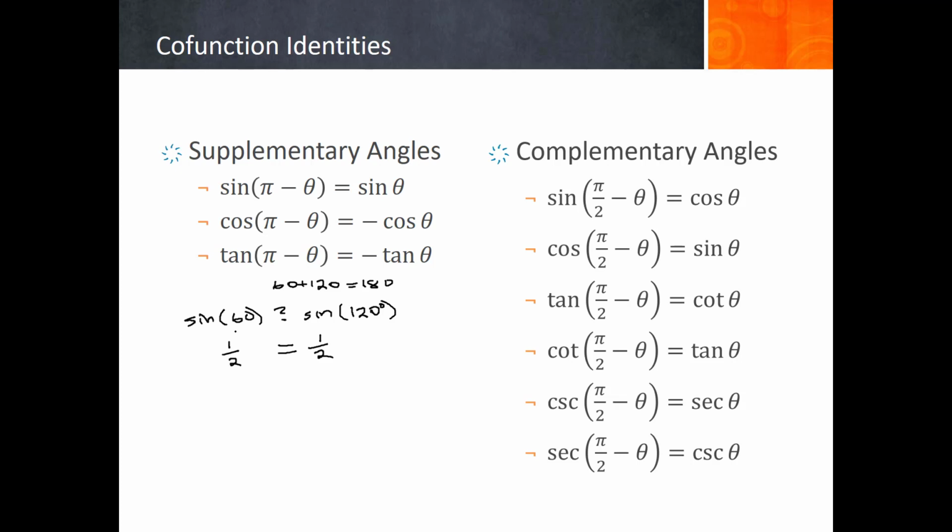Okay. So for an example, we already did the one, 30 degrees plus 60 degrees is 90 degrees, right?